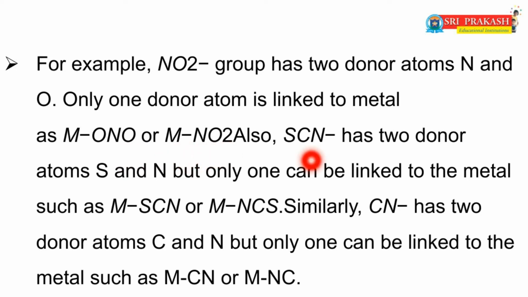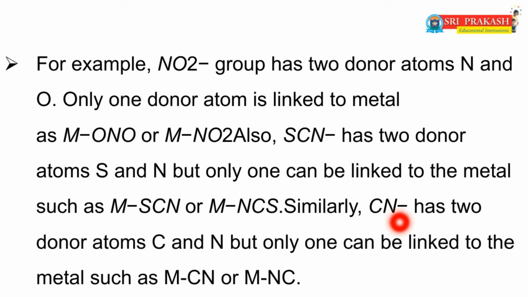Another one is SCN. Thiocyanate also has two donor atoms, one is sulfur and the other is nitrogen. But as you already know, only one can be linked to the metal, such as M-SCN or M-NCS.